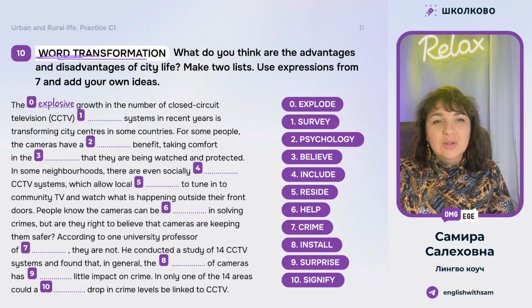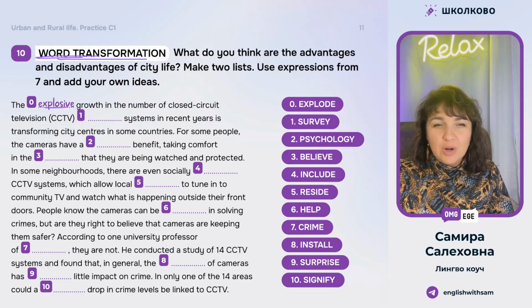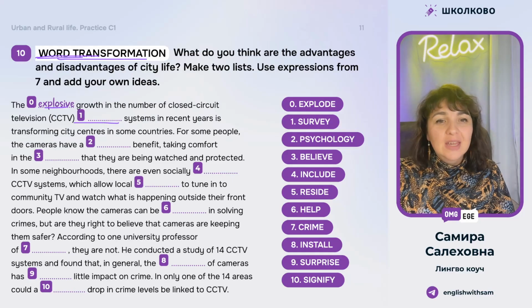So, just simple, maybe not that simple, but anyway, it is about word formation. We have the example. The explosive growth in the number of closed-circuit television systems in recent years is transforming city centers in some countries.